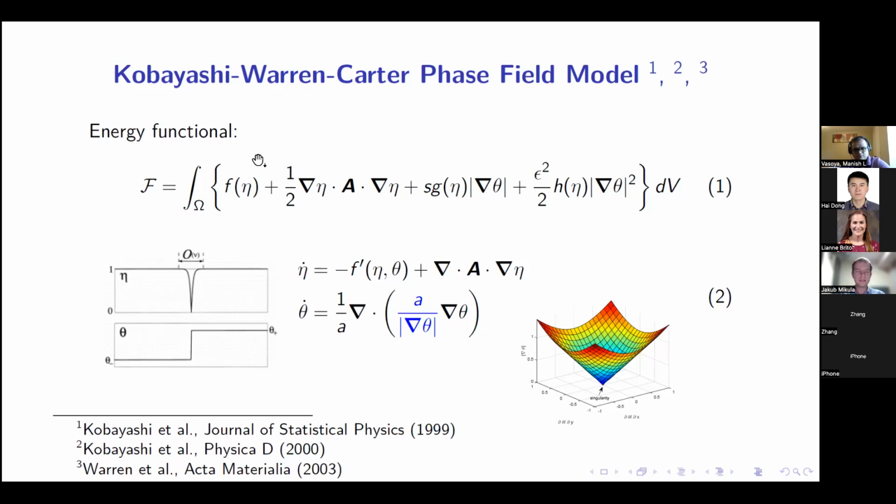The other family of phase field models are those proposed by Kobayashi-Warren-Carter that I'm presenting here, where the phase field model operates only with 2 order parameters, eta and theta here. And with only 2 order parameters, you can describe any polycrystal with as many grains as you wish. That's the very attractive feature of this phase field model.